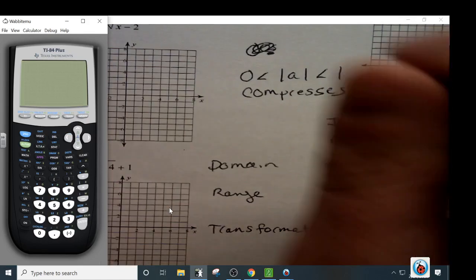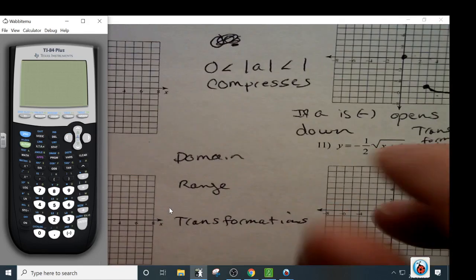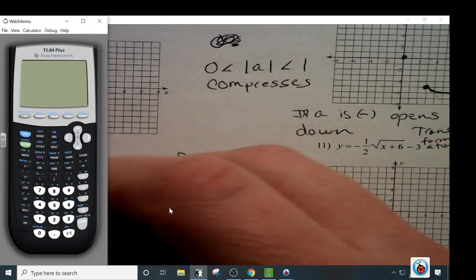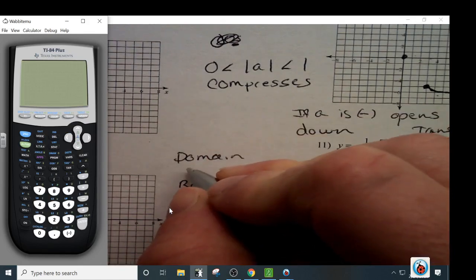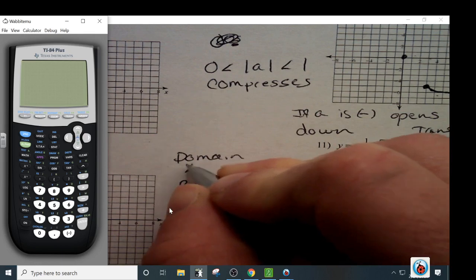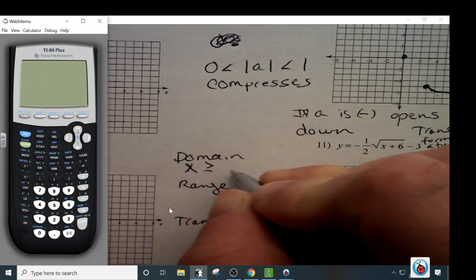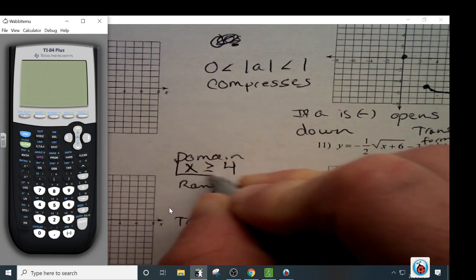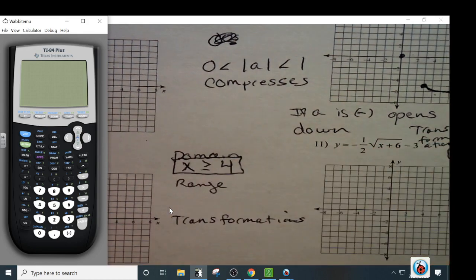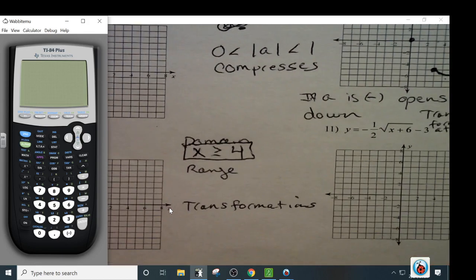Now the domain of number 6, you should have x values greater than or equal to 4. That should be your domain.